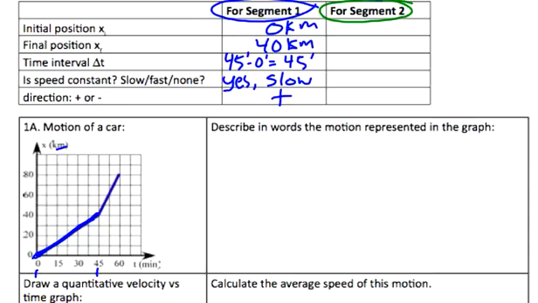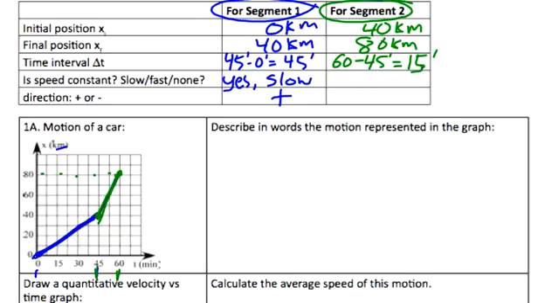The initial position here is where we left off for the first one, at 40. And our final position is at 80. The time interval is the final time minus the initial time, so it'd be 60 minus 45 minutes, that's 15 minutes.